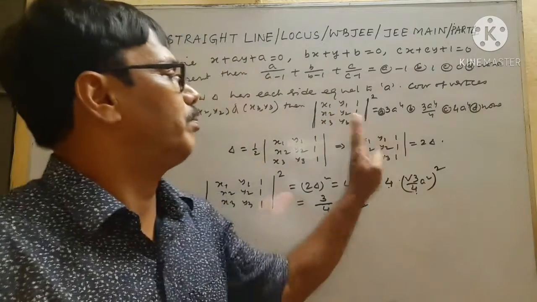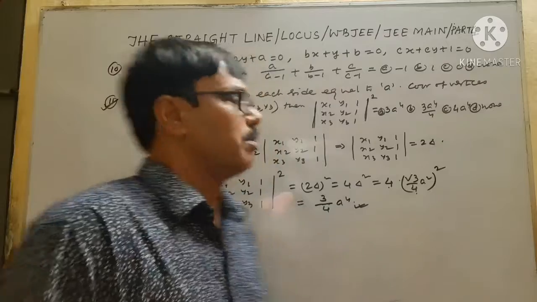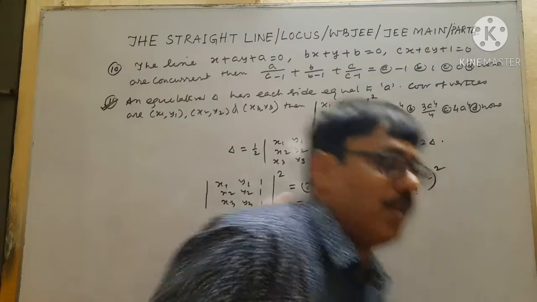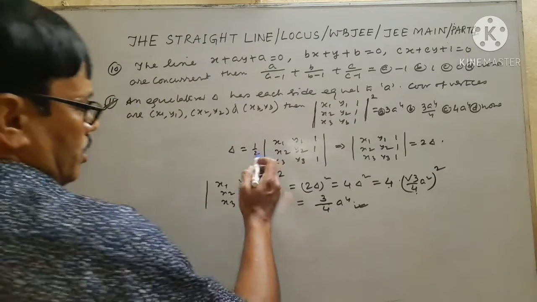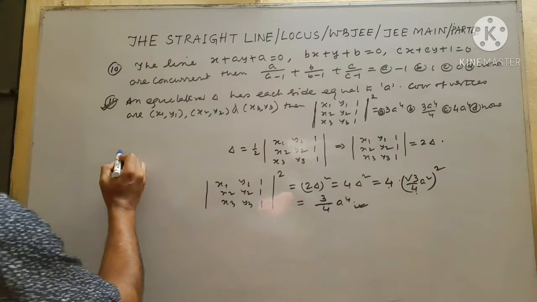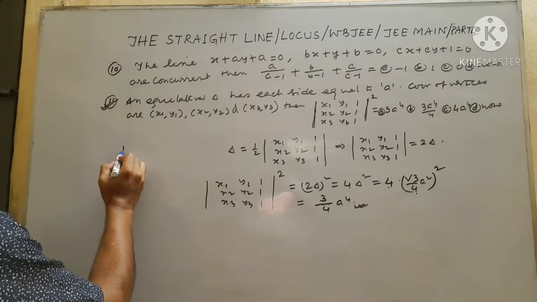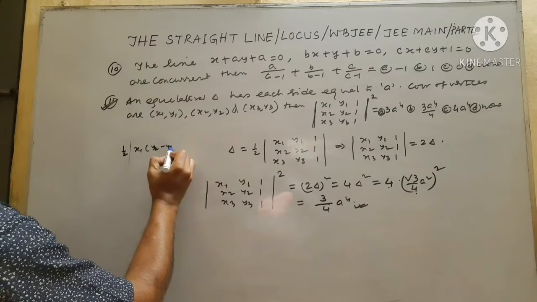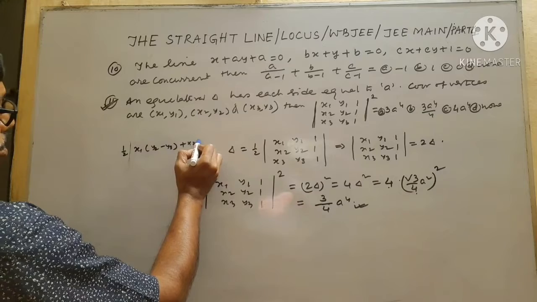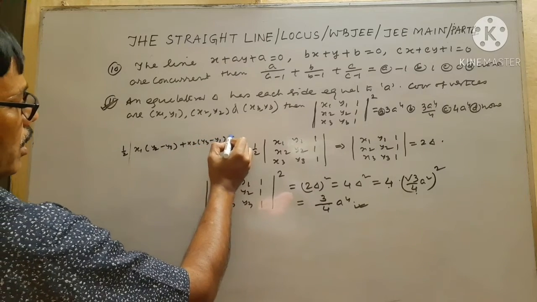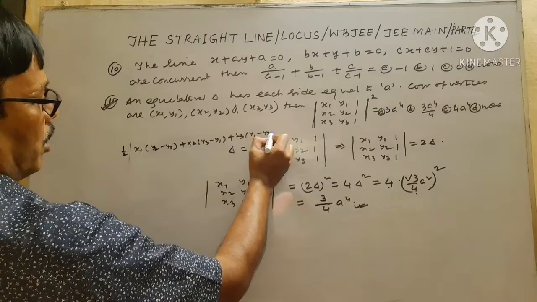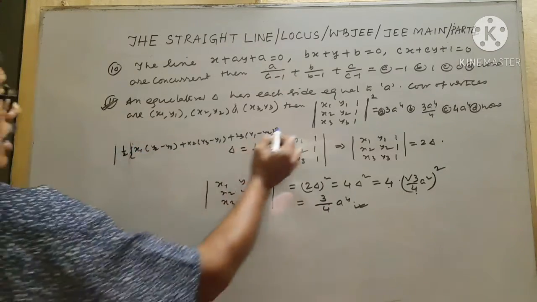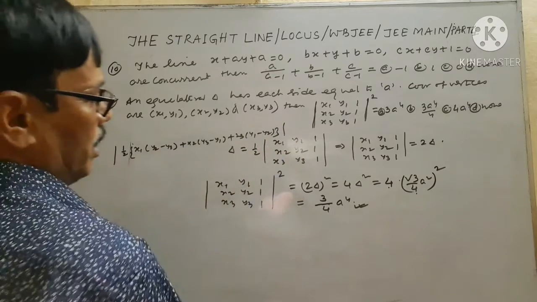So this is a 1 mark problem of WBJEE, a very simple problem. In terms of coordinates, the area is half of x1 into (y2 minus y3), plus x2 into (y3 minus y1), plus x3 into (y1 minus y2). This is a well-known result, and in terms of determinant, the value will be this.